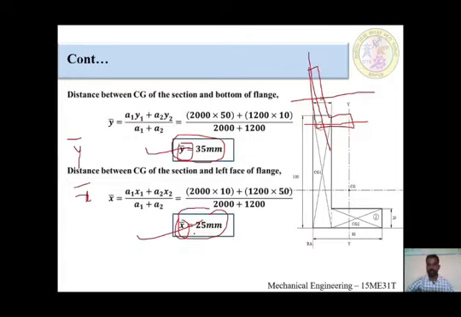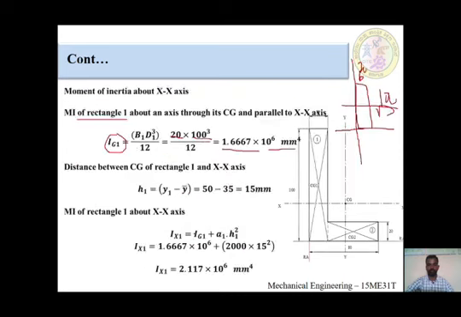How much did we get for the y bar value? We got y bar value of 35 millimeter. From here to here it is 35. Half of the component is 50.